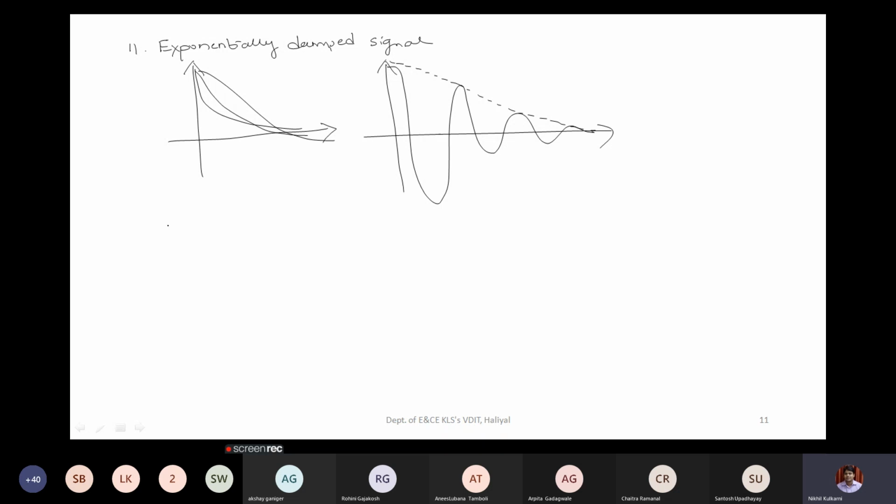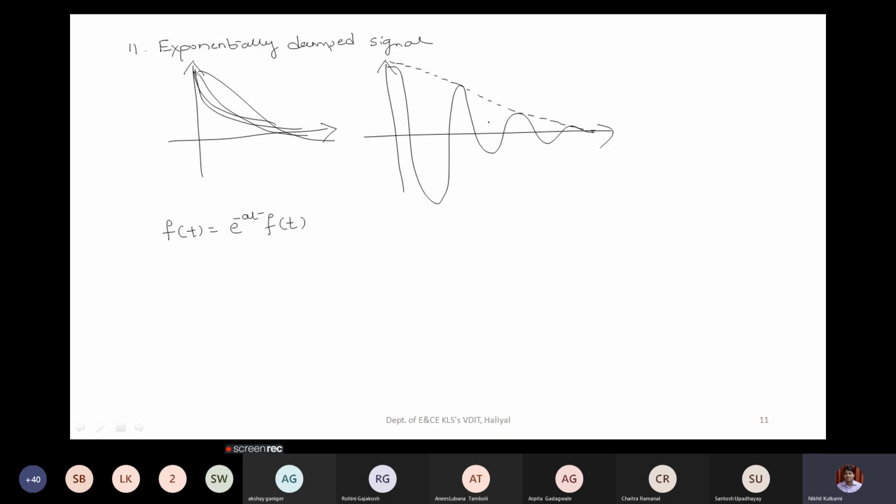So this is given by f of t is equal to Laplace transform of an exponentially damped function f of t. So we know already decreasing exponential function is given by e to the power minus at, right? So this if you multiply by some function, because it is not a single function.